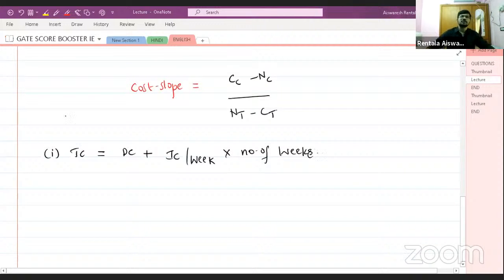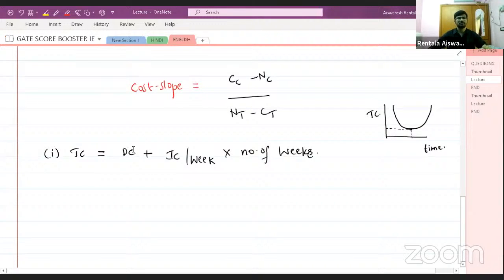Okay. So direct cost, as you already know, your project will be having two types of costs. If you can see, your total cost curve will be somewhat like this, right? It reaches a minimum and then again it increases. So if you see total cost and if I take time over here, it will be somewhat like this.